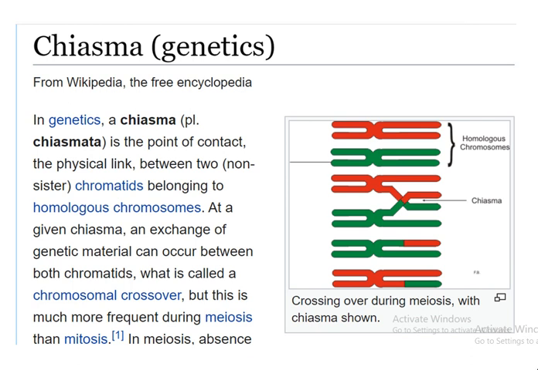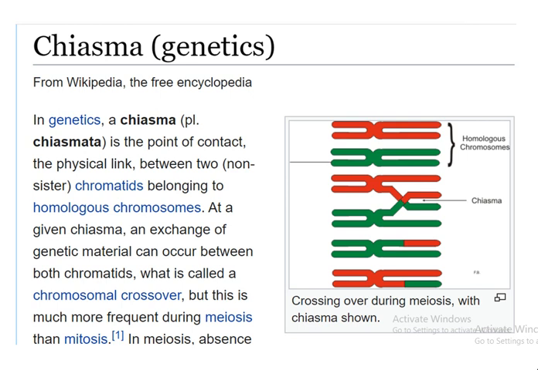At a given chiasma, an exchange of genetic material can occur between both chromatids, what is also called chromosomal crossover. Here also, two important things you have to remember.